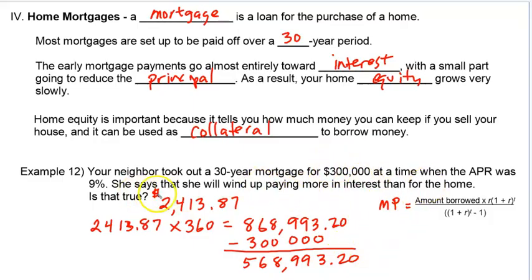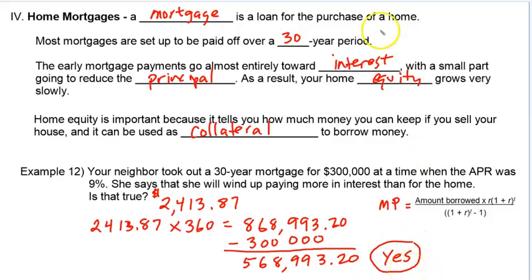So her statement, she says that she will wind up paying more in interest than for the home, is that true? Yeah, it's definitely true. That shows you, when you have these mortgages that are 30 years, you can really end up paying a lot in interest charges.